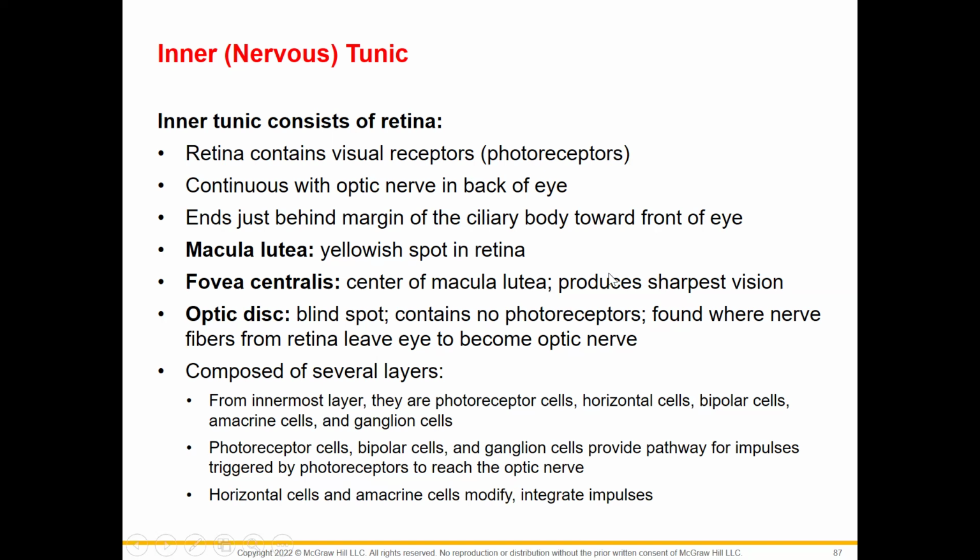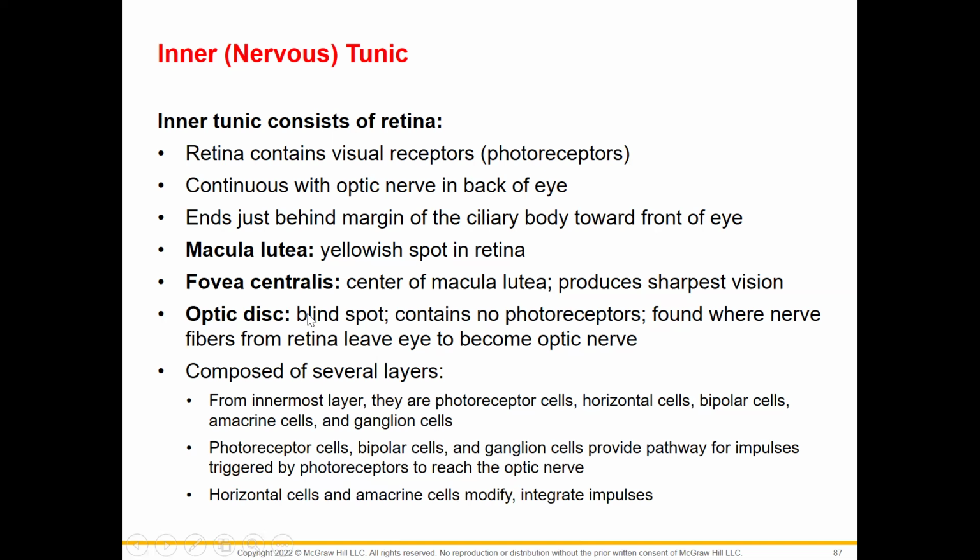So if you ever try to see something and you are looking at it and turning your head to different angles so that you can see the best image of it, that's because you are unknowingly trying to focus that image on the fovea centralis, because the fovea centralis is in the center of the macula lutea, and that produces the sharpest vision.